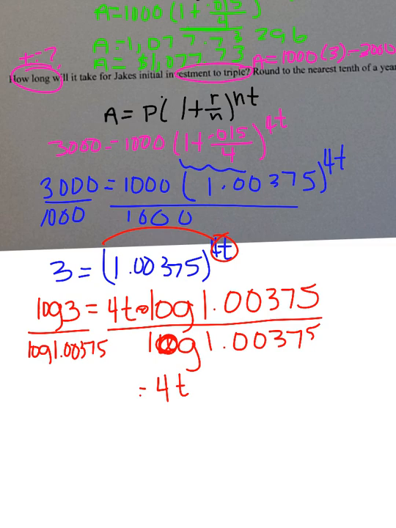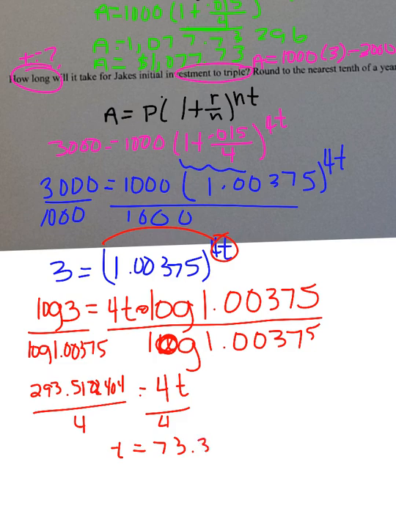Log 3 divided by log 1.00375 is 293.5122404, and then divide by 4. And you get t equals 73.378, and I did say to round to the nearest tenth up here. So your time would be 73.4 years.